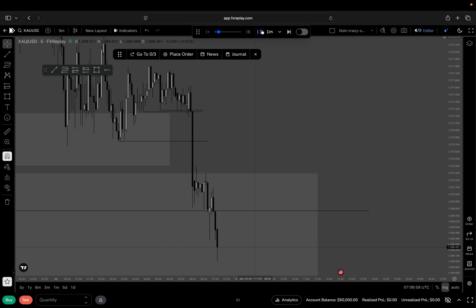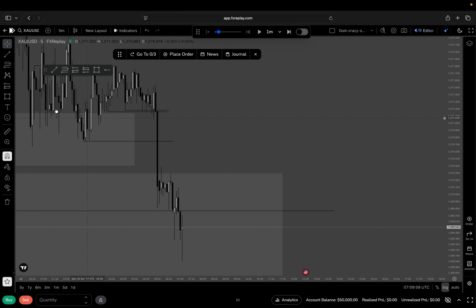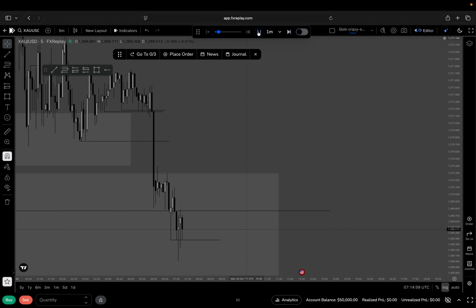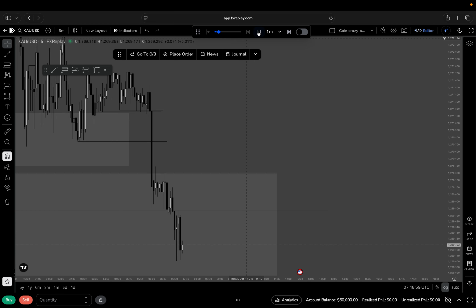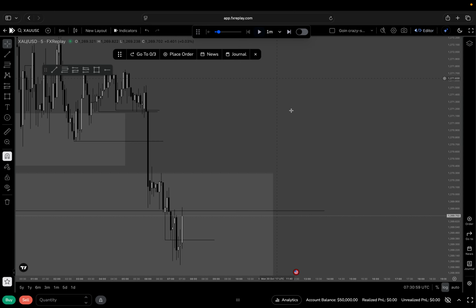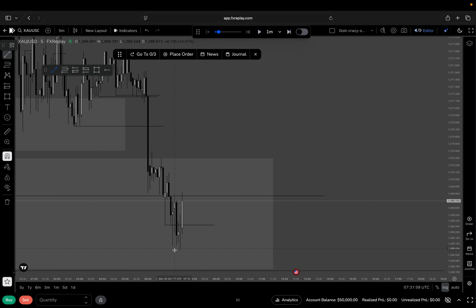Equal lows. Okay. Sweep that low now. Swept all these lows again. See if we get a break.